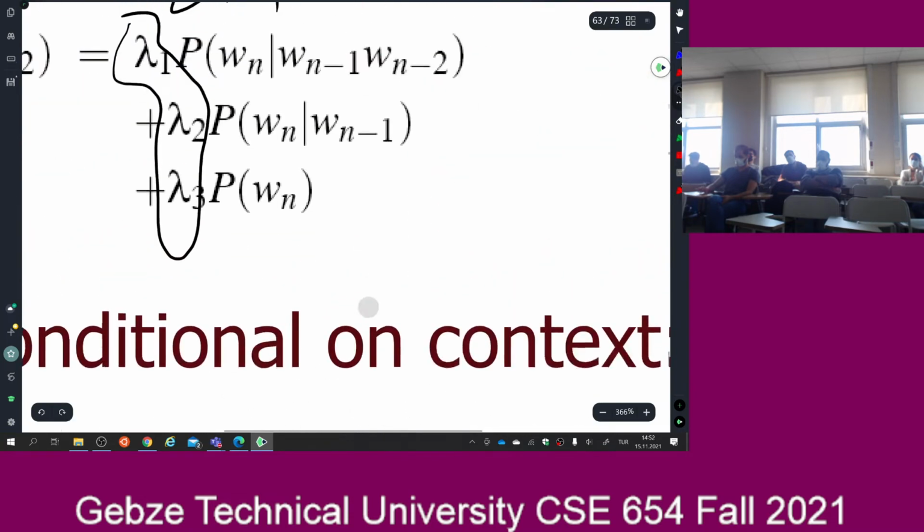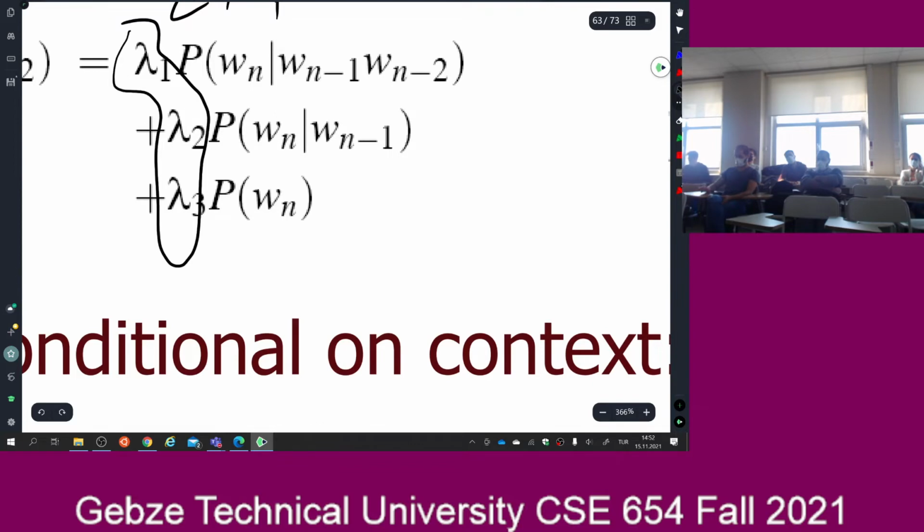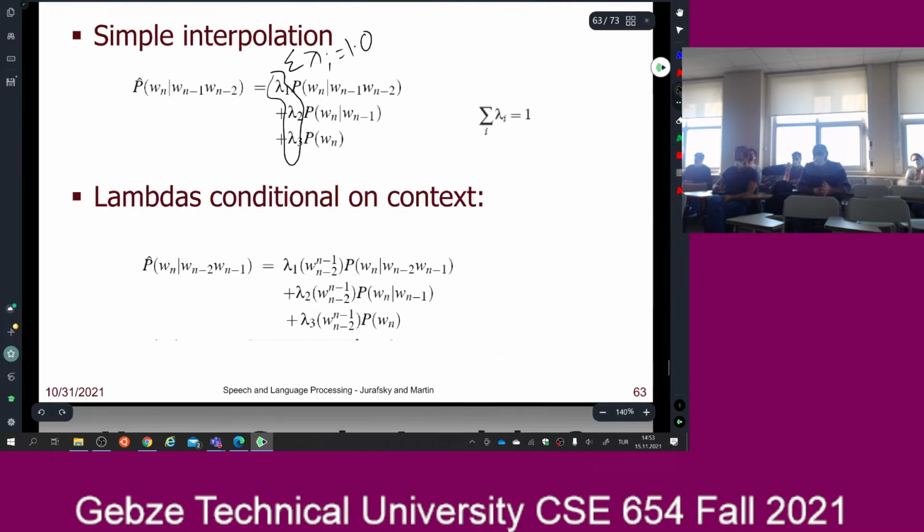I mean, I have 3 constants for the whole data set here. They say that no, this is not a very good idea. Why should I use the same lambda for all the words? There are some trigrams that I trust because they happen very often, and if they happen, I will take them. In that case, my lambda 1 will be 1.0, this one will be 0, then this one will be 0. That's what they are saying here.